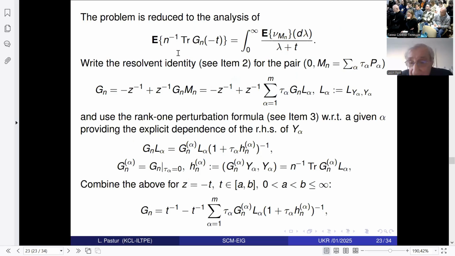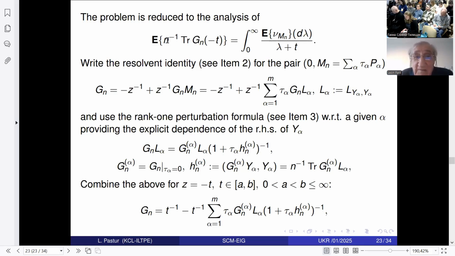So our goal now is to study this. This is what we would like to find: the limit on t in the interval of this expression.